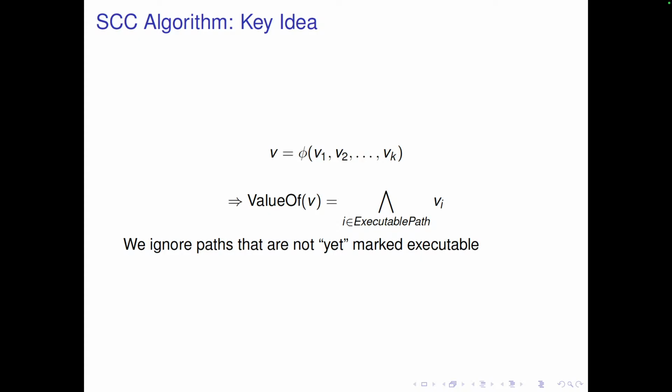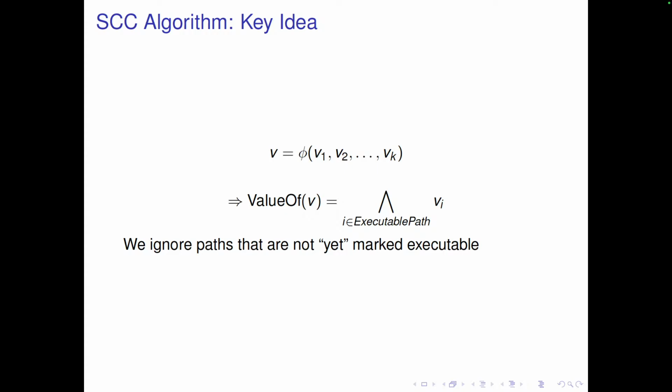Pick only those V's where that edge is tagged as executable, which has been marked that, oh, this branch can execute. Take meet of only those. So let's say this is 4, this is 4, this is 5, but the corresponding branch has been marked not executable. Then you only take meet of 4, 4, and you declare it as 4. Like the earlier case, it will be 4, 5, but the 5 branch will not be tagged as executable. So meet of 4 and 5 is 4, a single branch.